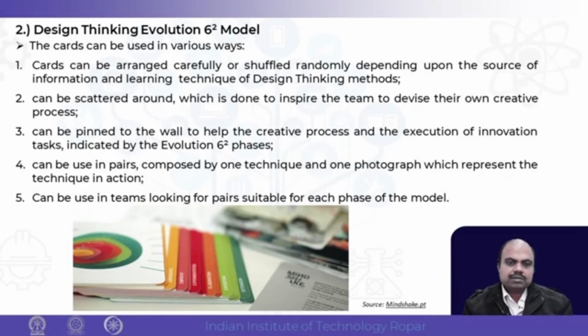These cards can be used in various ways. Cards can be arranged carefully or shuffled randomly. They could be scattered around, pinned, and used in pairs, or used in teams. There are various ways you can use these cards.